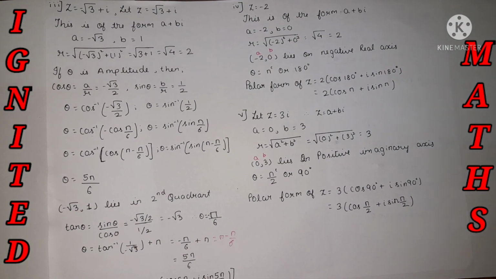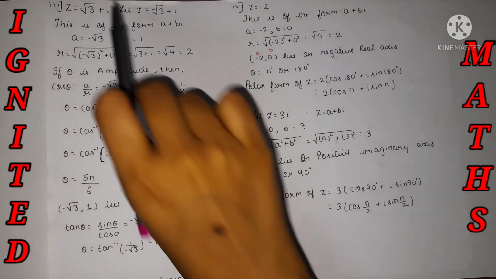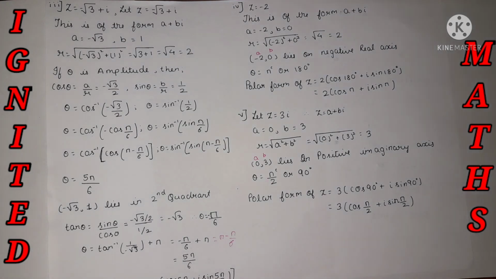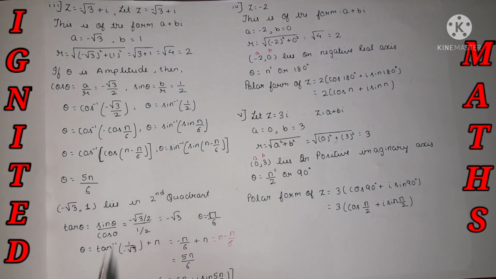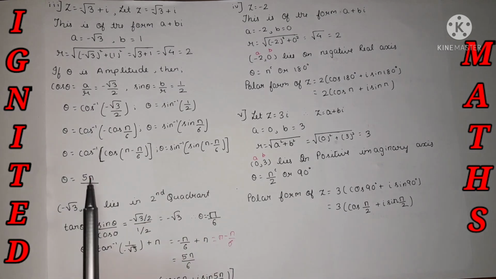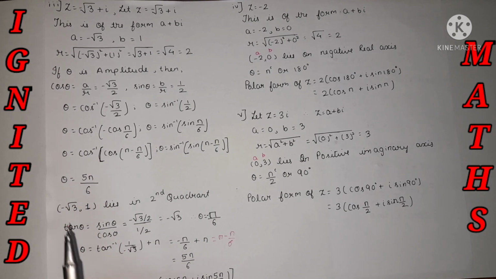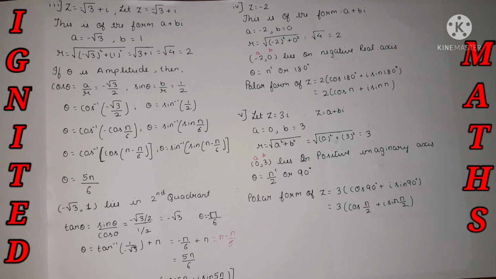Now I took the same question over here also, but we are going to find the Euler form. So the question is absolutely the same, even most of the procedure is absolutely the same. Okay, R and theta values should be the same. The amplitude we found, theta is equal to 5 pi by 6. But the Euler form is nothing but Z is equal to R e raised to i theta.